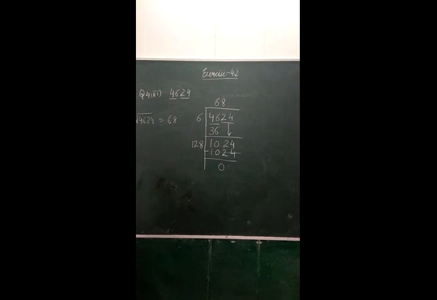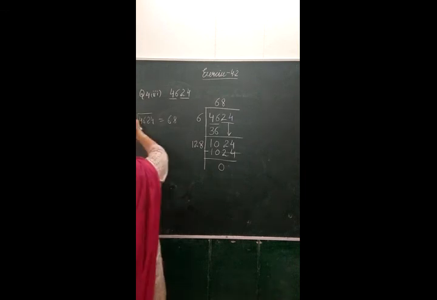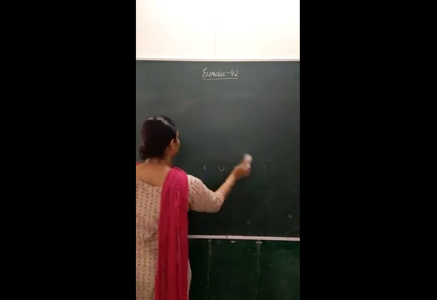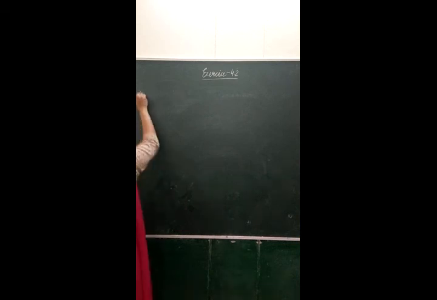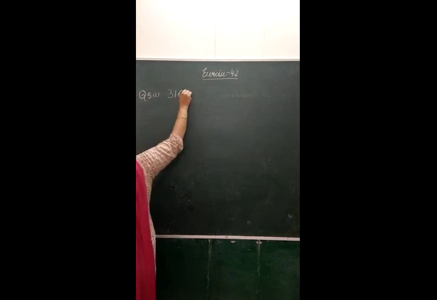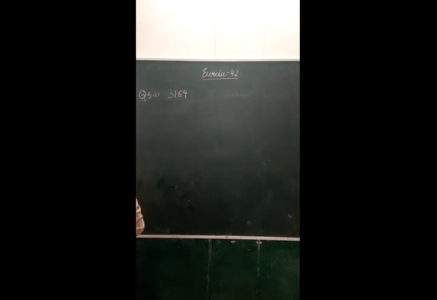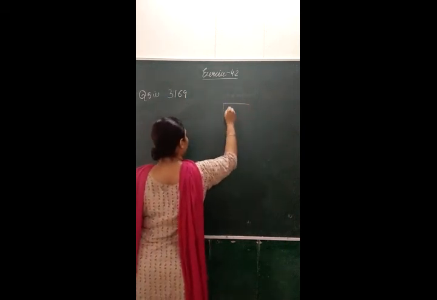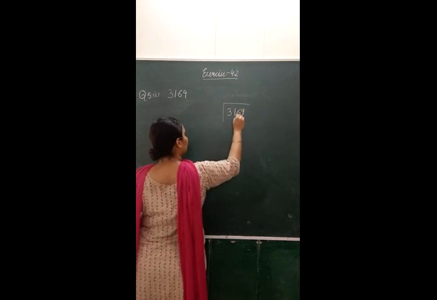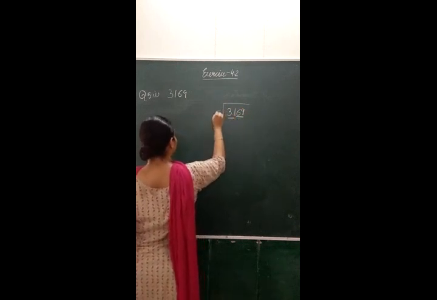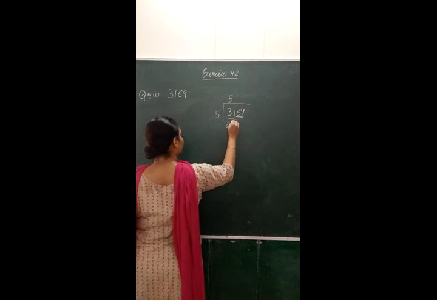Next in question number 5, we have to find the least number which should be added to the given numbers so that the given numbers can be made perfect squares. Take its first part, that is 3169. Here we will try to find its square root using the long division method. Make the periods. Consider the first period. 5 5s are 25.